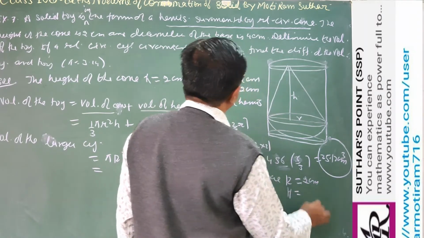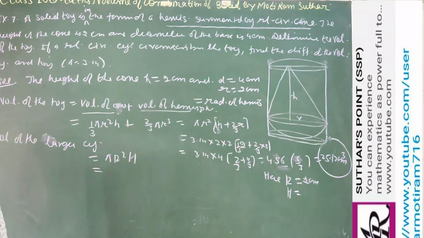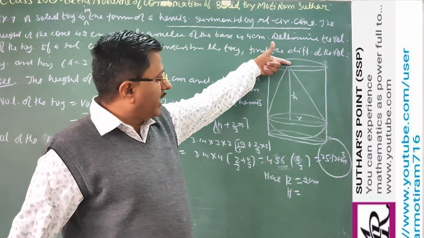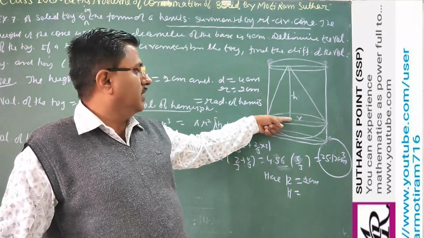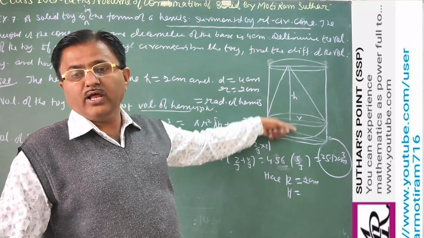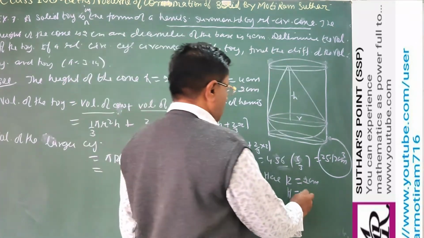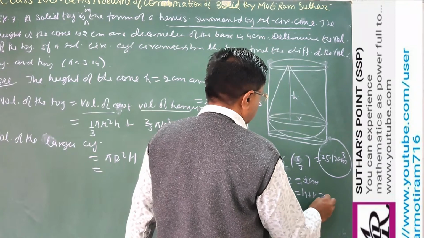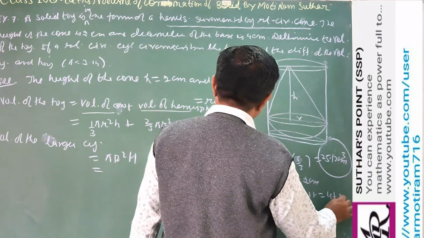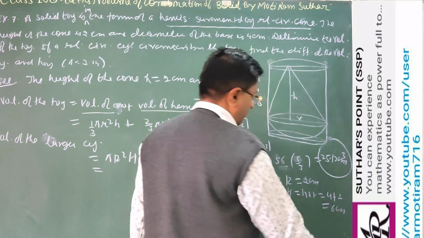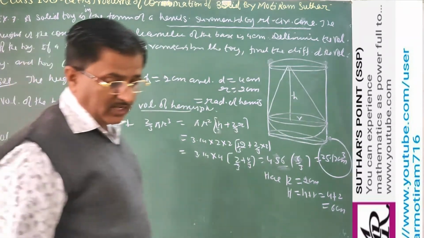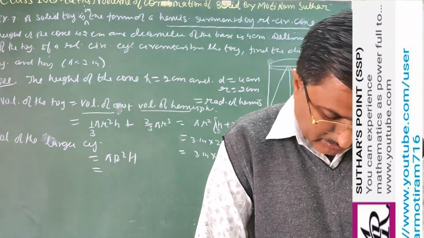Clear? The total height of the cylinder will be the height of the cone plus the radius of the hemisphere, that is h plus r, which is 2 plus 2, that is 4 centimeter.